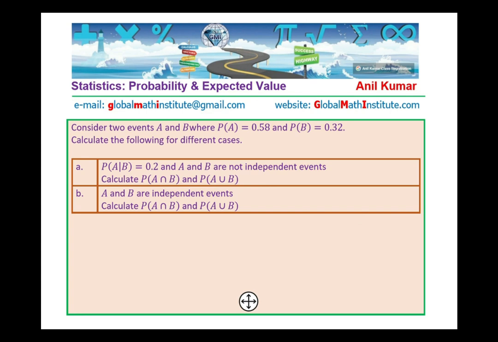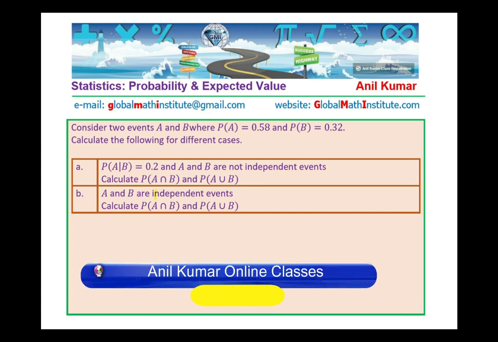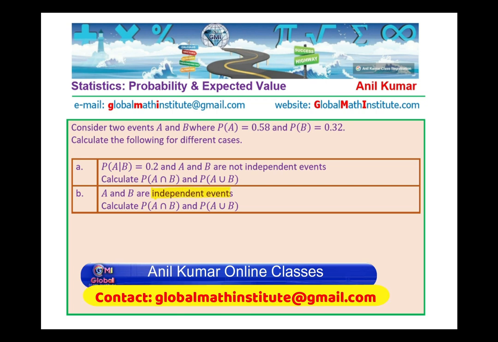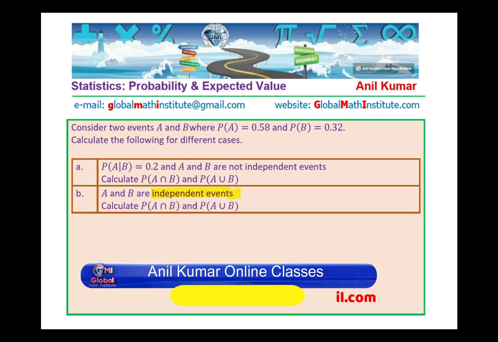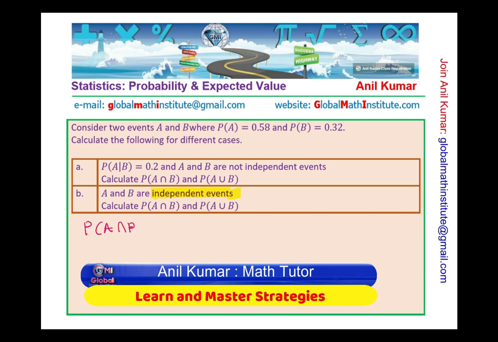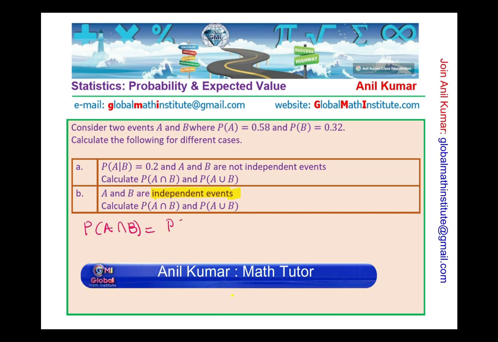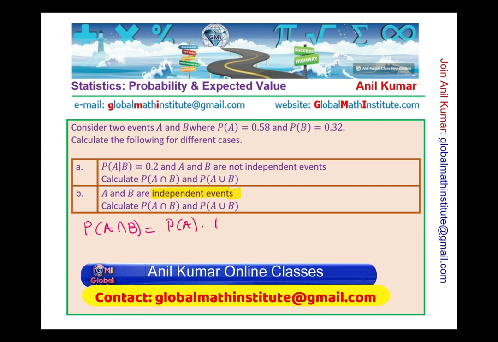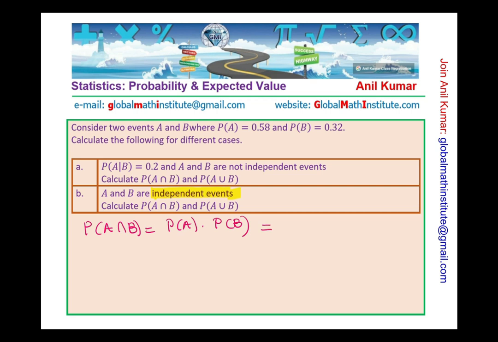Now let's do the independent event, part B. So in part B, we are given independent events. Now in case of independent events, the probability of A intersection B should be equal to the probability of A times the probability of B, correct? And that is just multiplying the given probabilities.